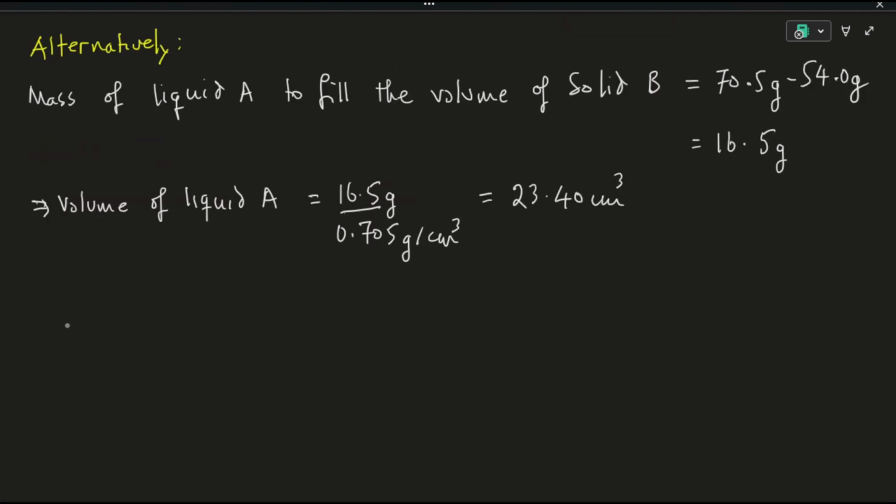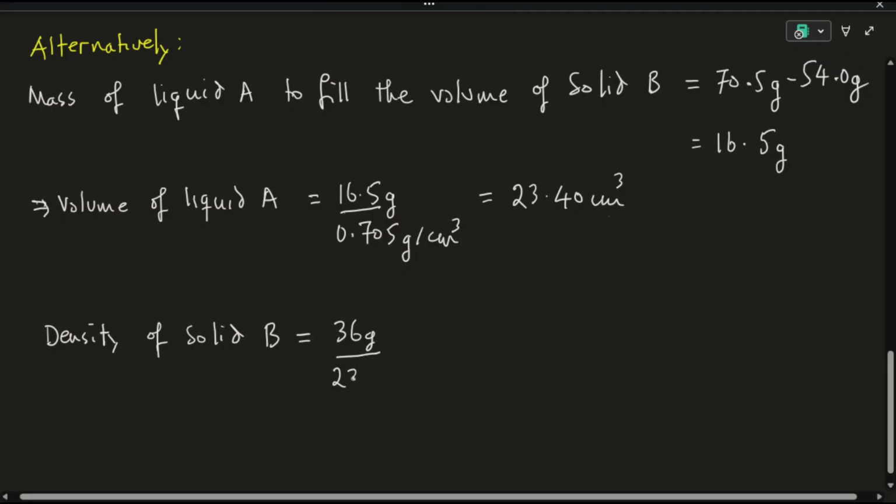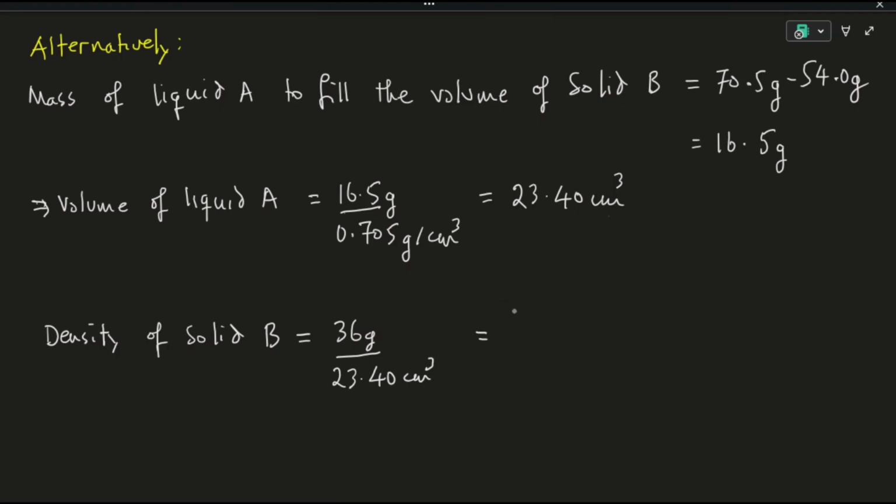So that will mean density of solid B is given by 36 grams over 23.4 centimeter cubed, and that is given by approximately 1.54 grams per centimeter cubed.